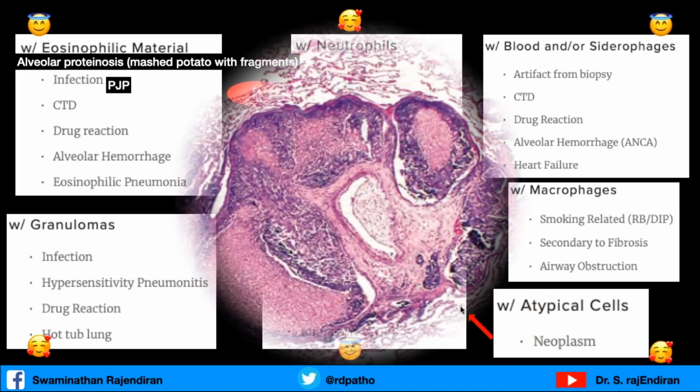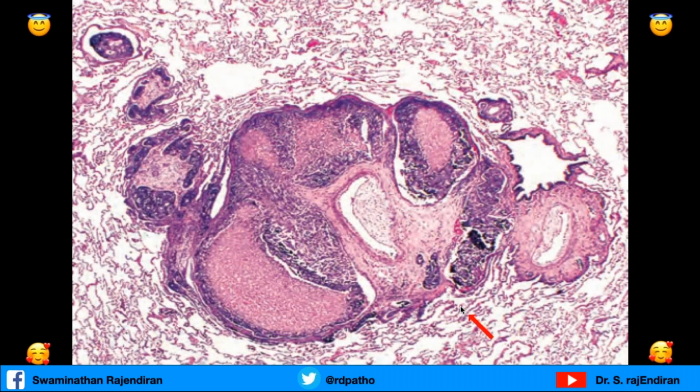We are moving to pattern 5 now, which is the nodular pattern, and this is the main pattern where we get the lung. But the only thing is, in all the other patterns we get either wedge resection or lobectomy or pneumonectomy, bigger samples.